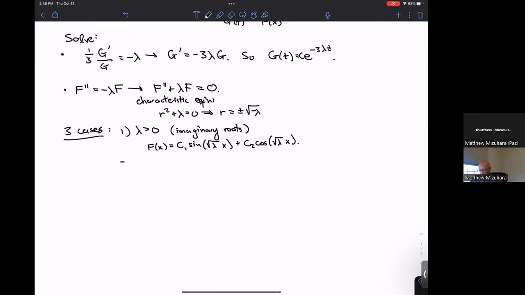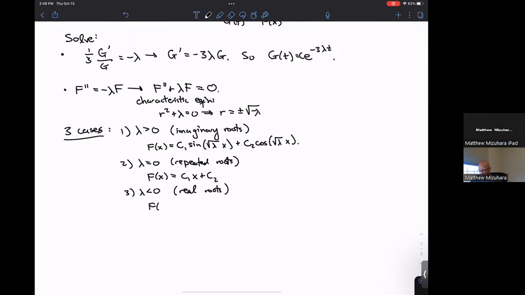Case two is when lambda equals 0, when I have a repeated root. In this case, again as we did in class, I should get C1 x plus C2, a linear function. And case three, when lambda is negative, I'm going to have root of minus lambda, so now I have real roots. In this case, we've said it's good to learn how to use the sinh and cosh functions, so I'll go ahead and do that.